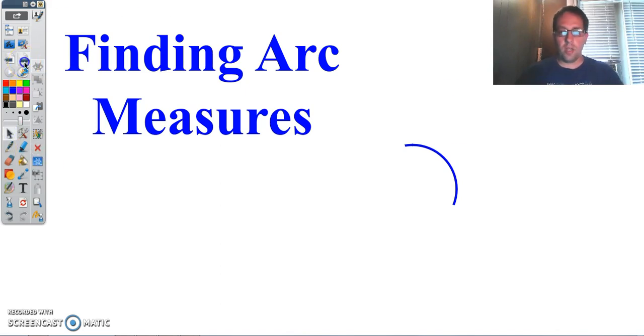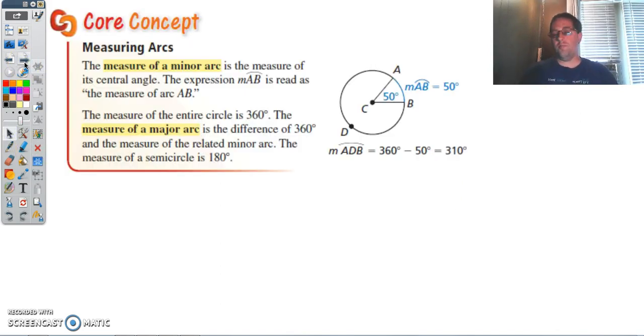the arcs. All right. Now, arcs are measured in degrees, just like angles are. And the measure of an arc is the measure of the central angle. All right. So here we have arc AB. And arc AB is formed by angle ACB. All right.